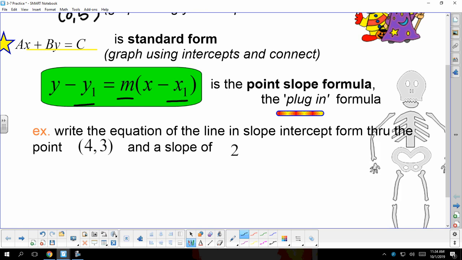So in this case, I have my x, y. So y minus 3 equals, there's the slope, 2 times x minus 4. So here, to put it in slope intercept form, I'm going to solve for y. I'm going to distribute that.